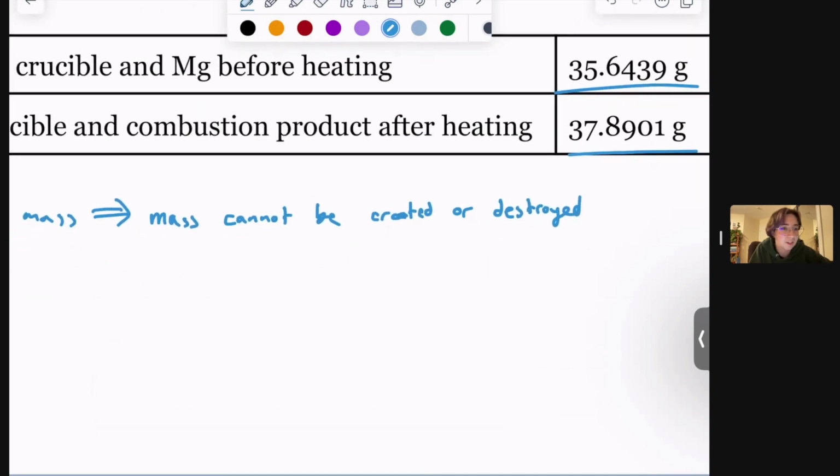So this doesn't just mean that magnesium suddenly weighs more. If suddenly there's a change in mass, that must mean our matter changed. My actual substance must have changed somehow.